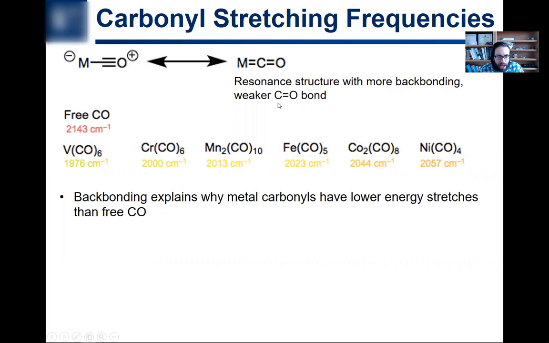If you have more back bonding, you're going to be making this double bond here. So formally it looks more like this if you have a lot of back bonding. And this with a double bond obviously is weaker than this with the triple bond, right?